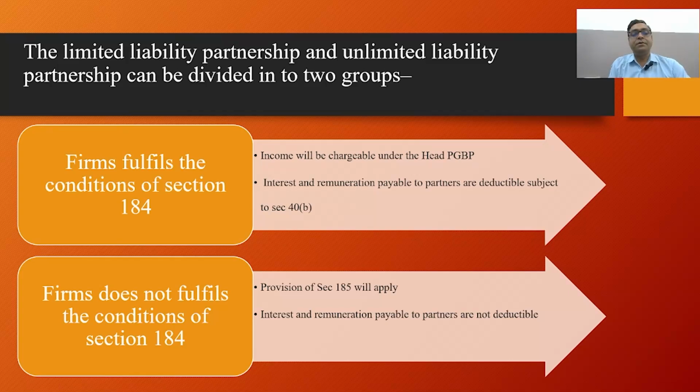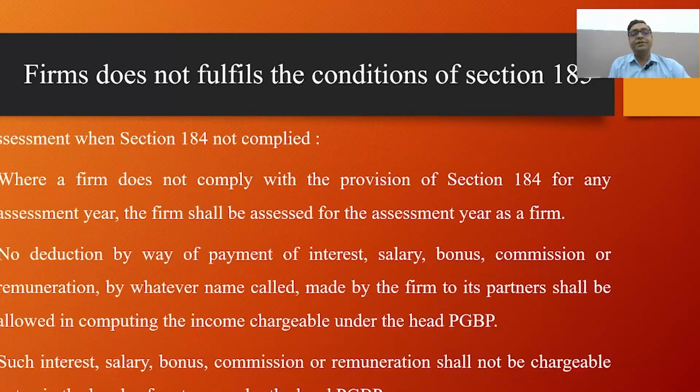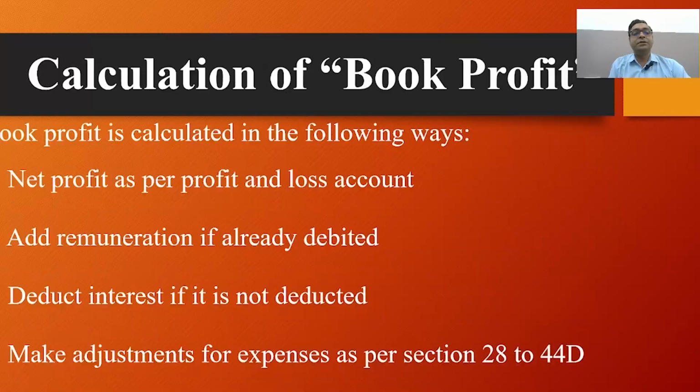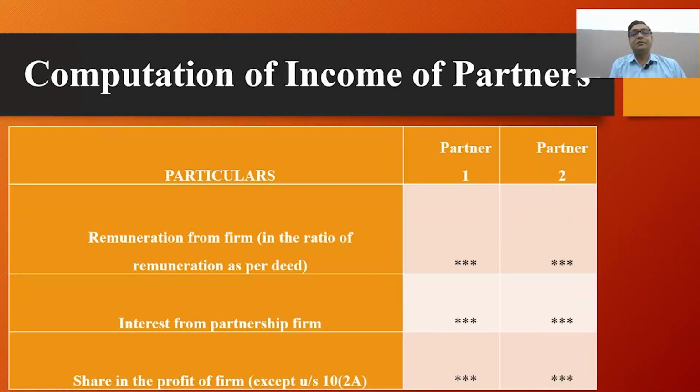If section 184 is not fulfilled, we have also discussed the calculation and the residential status of a partnership firm. Now we will do a practical problem regarding section 40B calculations of interest to partners. It is related to calculations.